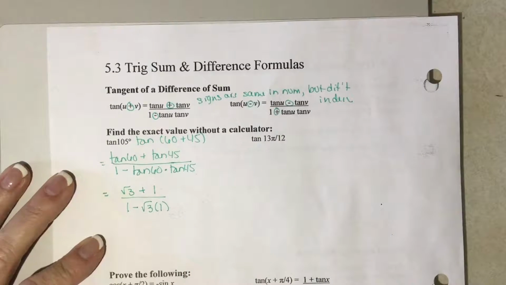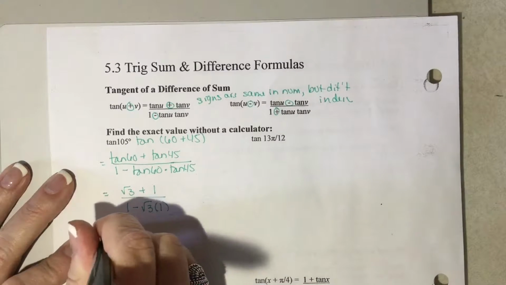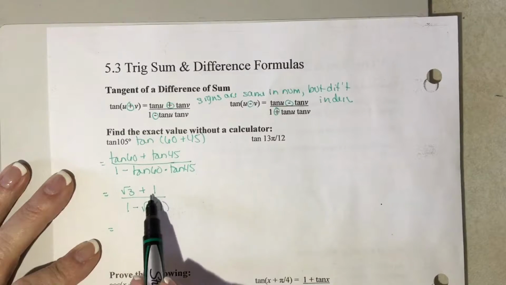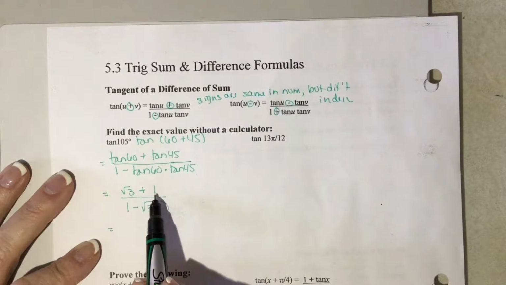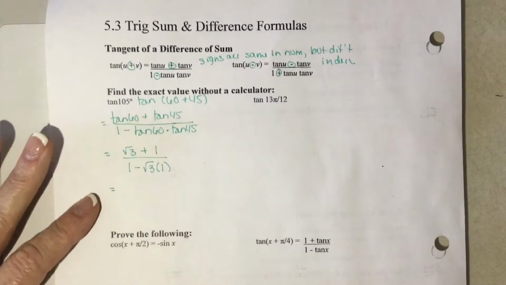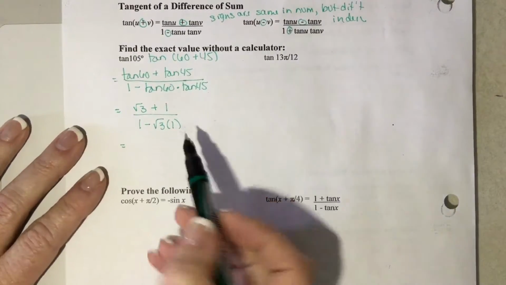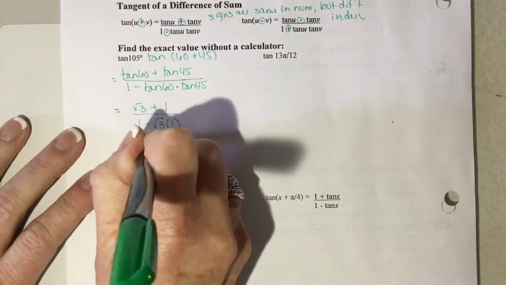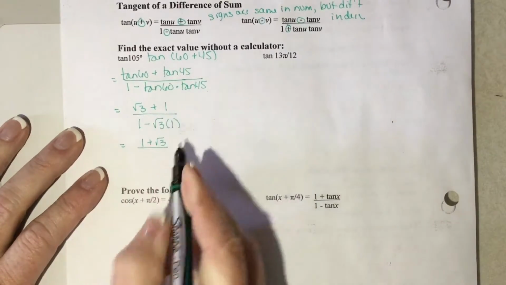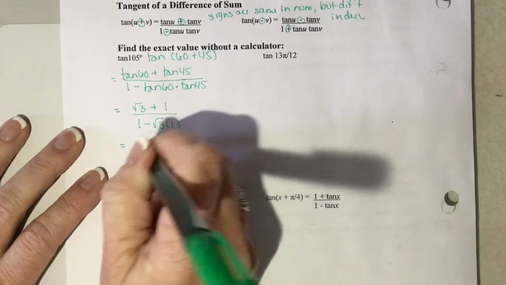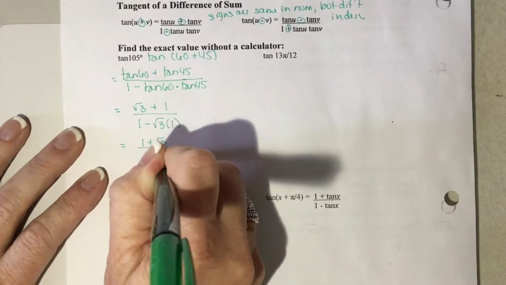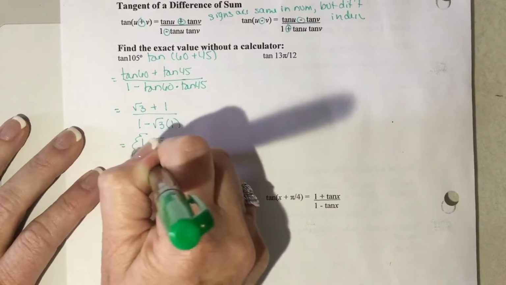Now we're just going to clean that up a little bit to put it into standard form. And the radical goes at the end. 1 is not under a radical. I cannot combine them anymore. So I leave it as 1 plus square root of 3 over, radical's already on the end in the denominator, 1 minus square root of 3, and that is my final answer.